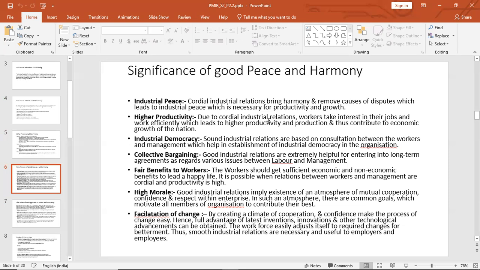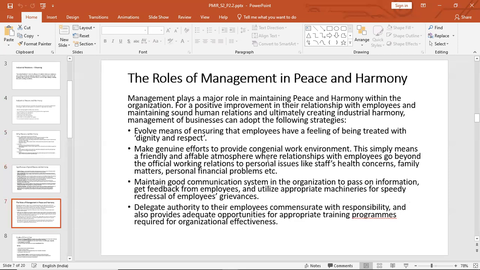The employees' morale will increase. And good relations mean a lot of positive things, a positive atmosphere in the industry. So these are the main impacts when you have peace and harmony within your industry.